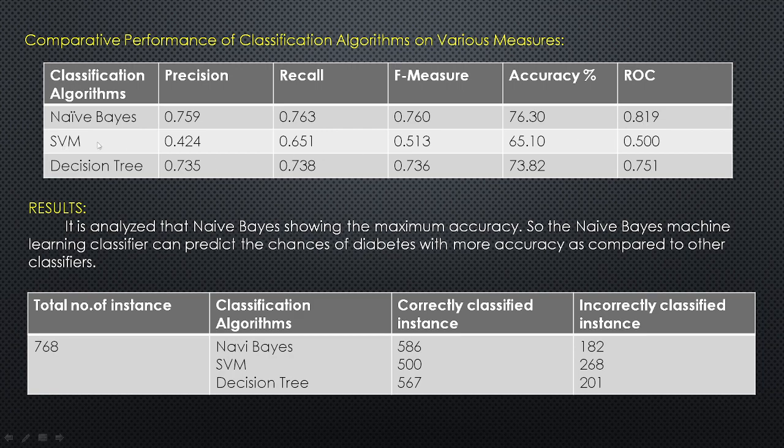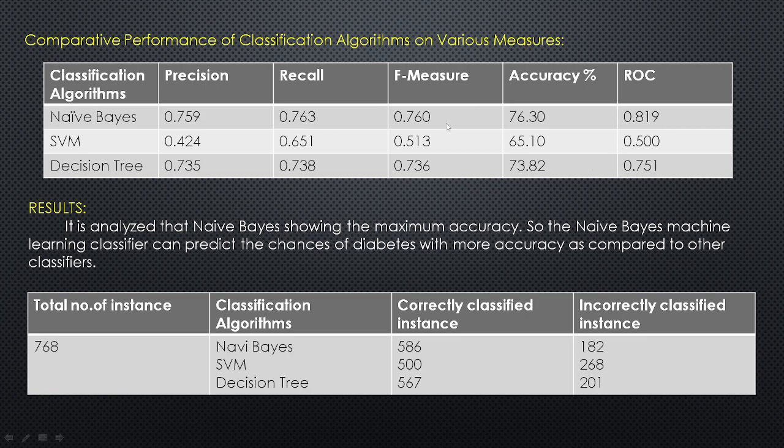In the SVM, precision is 0.424, recall is 0.651, F measure is 0.513, accuracy is 65.10, and ROC is 0.500. In the decision tree, precision is 0.735, recall is 0.738, F measure is 0.736, accuracy is 73.82, and ROC is 0.75.